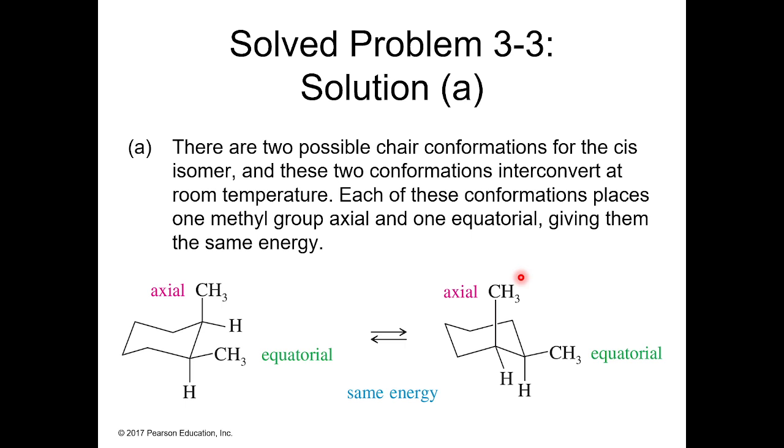Another interesting way to think about this is that when you have two carbons attached next to each other that have methyl groups off them, or whatever substituent, if they are cis, these cis positions, the same side positions, have to alternate equatorial, axial.